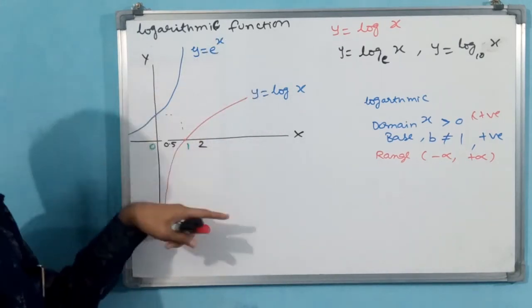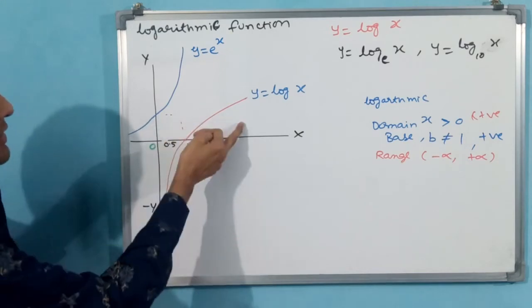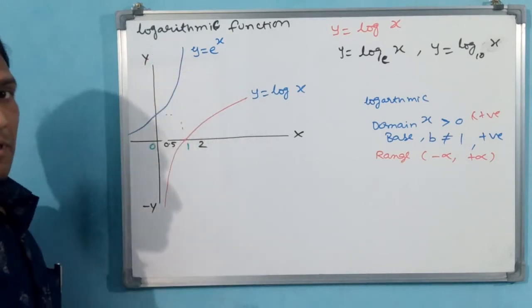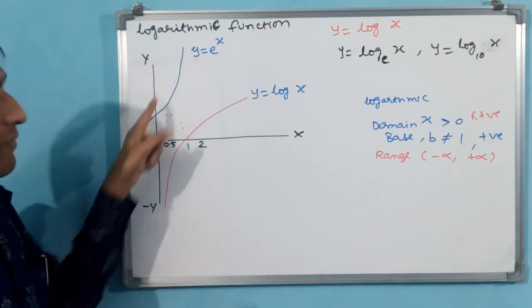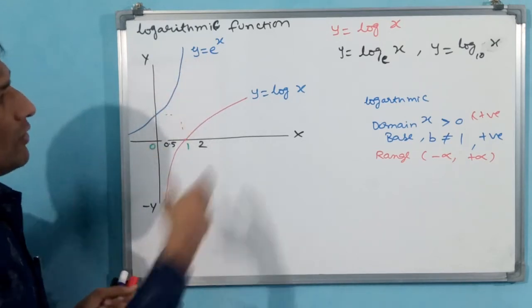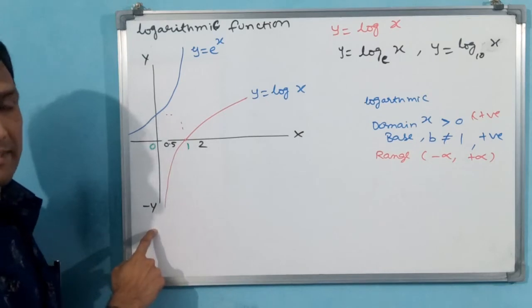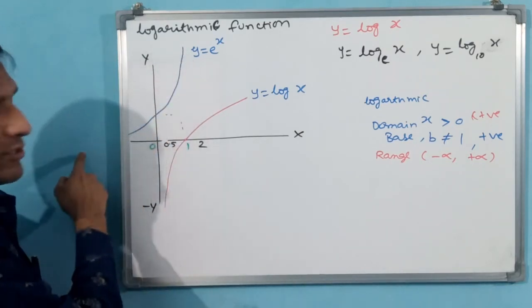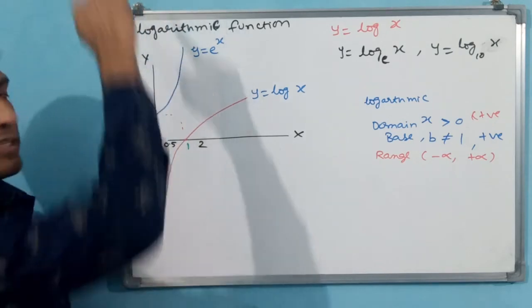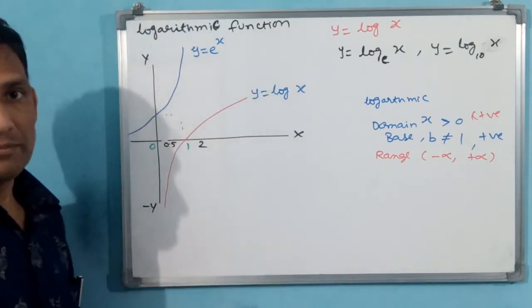Both are mirror images, logarithmic function and exponential function. Exponential function is not going to touch the x-axis. Logarithmic function is not going to touch the y-axis. Nearest to y it goes but never touches. Nearest to x it goes but never touches. It is also increasing tremendously.